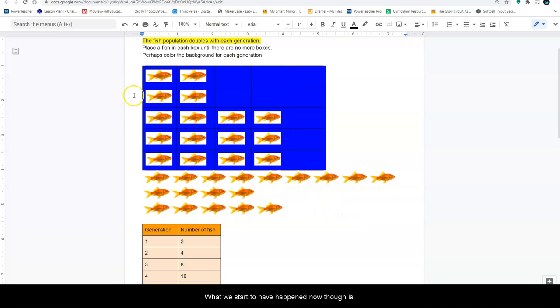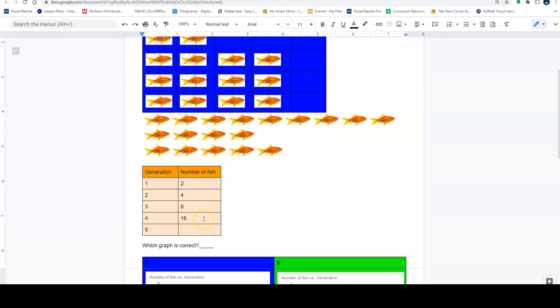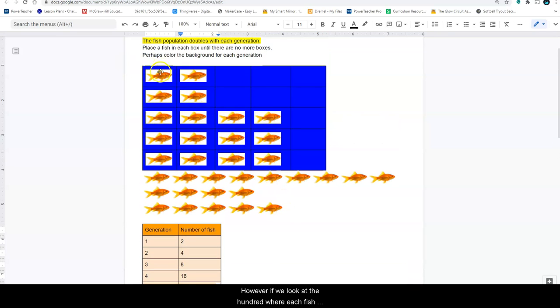What we start to have happen now, though, is when each of these fish have offspring, we get to a problem. So this should have 32. However, if we look at the pond grid where each fish needs so much space, it is a 5 by 5, which is 25.